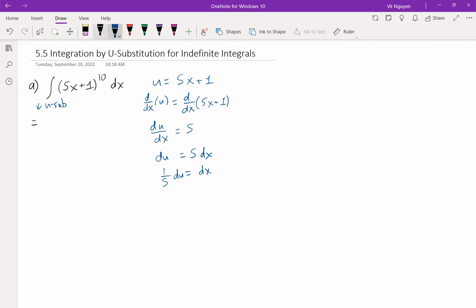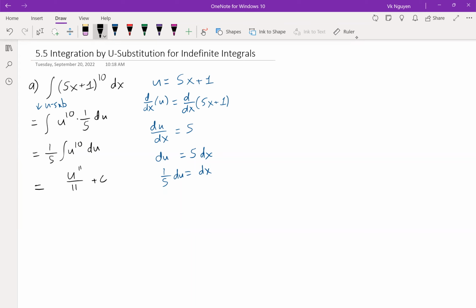Do the u-sub. And we have integral u to the power 10 times 1 over 5 du. Pull the 1 over 5 outside, integral u to the power 10 du. Well, the antiderivative of this is u to the 11 over 11 plus c.